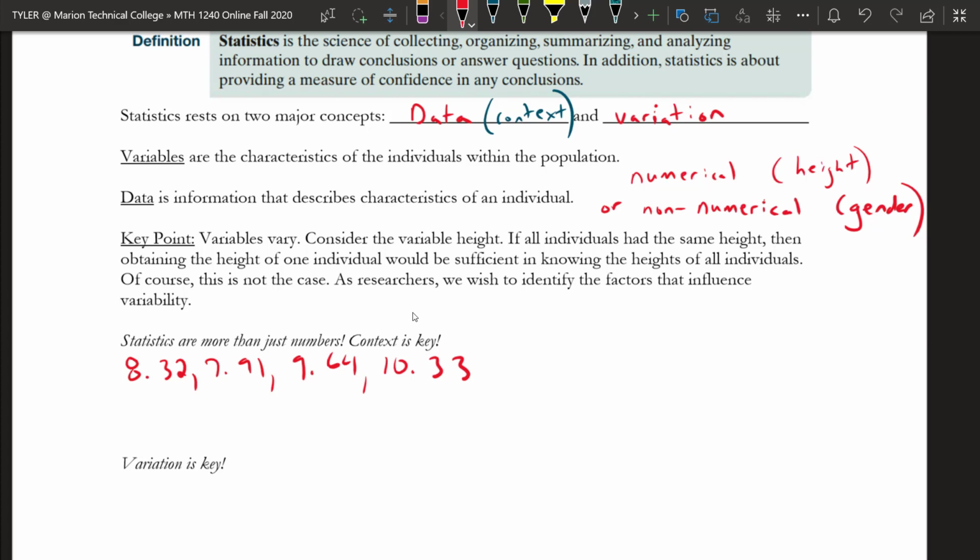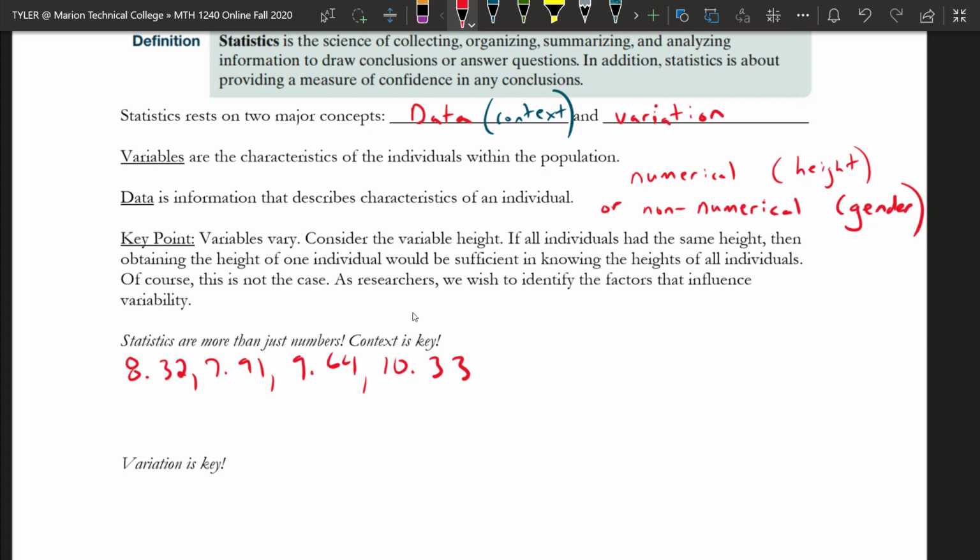Maybe they're birth weights of newborns. Maybe they're millions of people. What are the units? We have no idea. We don't know how they are measured or what kind of subjects they are trying to study. We have no information about these numbers.